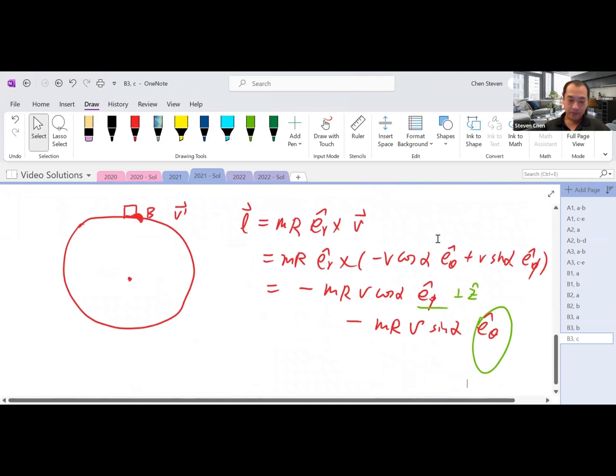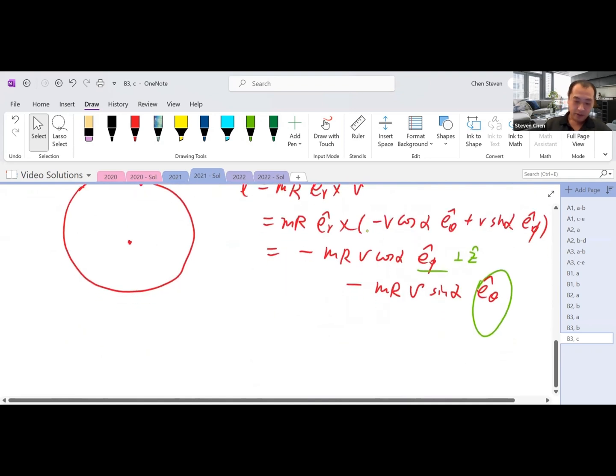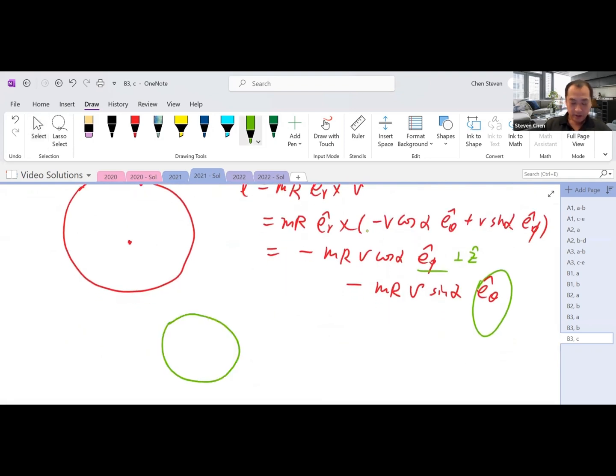Suppose the latitude here is 0. Then E theta is just here, and recall that initially the angle here is theta 0.